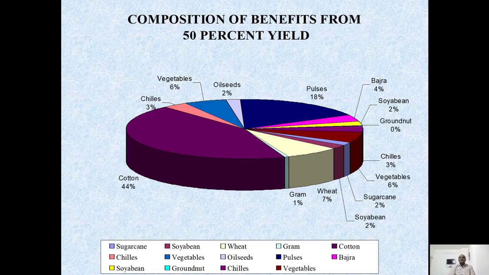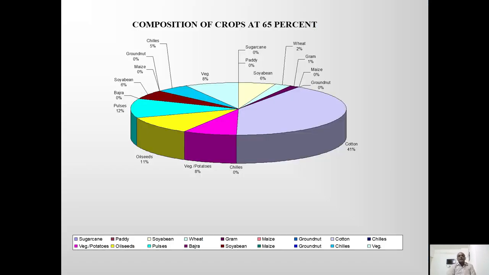Then this is the composition of the benefits from the 50% dependable yield. So cotton constitutes maximum 44% and then followed by 80% by pulses and then by other crops. Then composition of crops at 65%. Again cotton constitutes 41%.